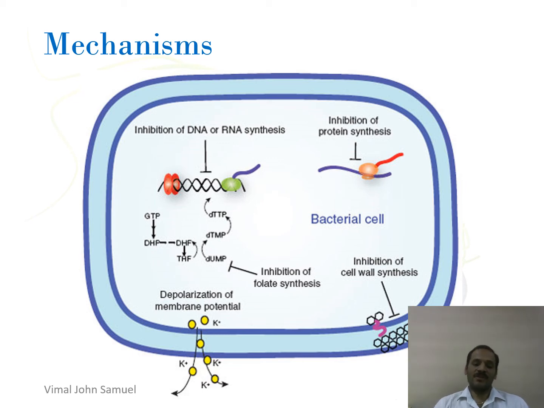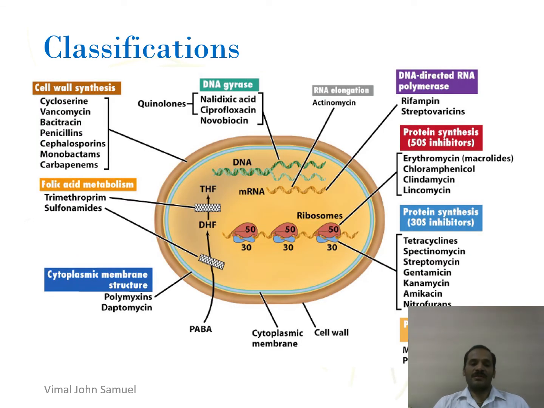This is a common scenario for antibiotics, and depending upon these mechanisms, we have classified antibacterial agents into different classes: cell wall synthesis inhibitors, folic acid metabolism or anti-folate drugs, drugs which inhibit DNA replication, that is the quinolones, and drugs which inhibit the DNA-directed RNA polymerase.